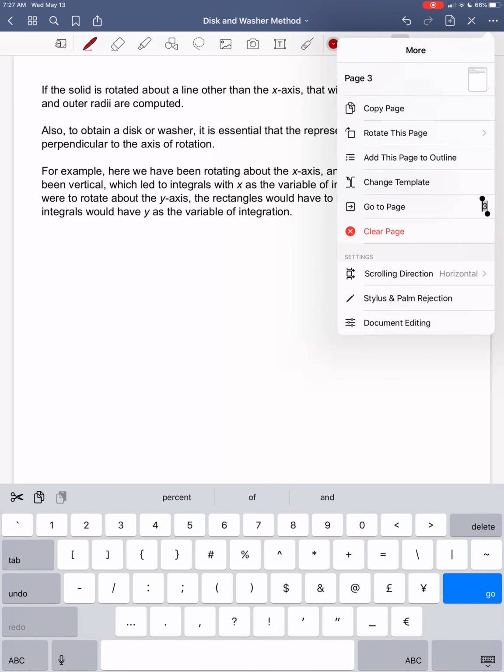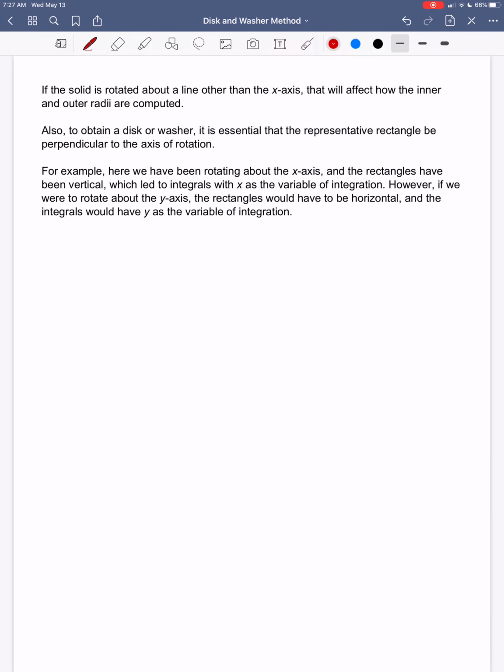These formulas, exactly as they are, only really work if you've got the exact situation we've described, and that's not necessarily true. Also, to get the disc or washer, it's really important that the representative rectangle be perpendicular to the axis of rotation. So here we've been rotating about the x-axis, and my rectangles have been vertical then.